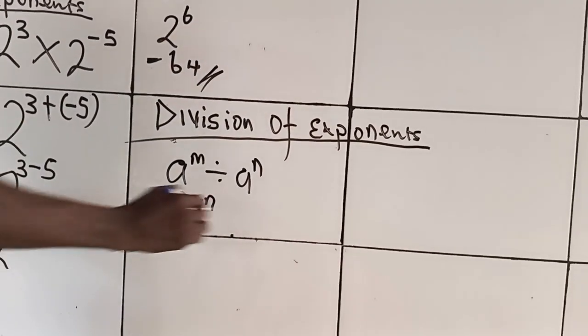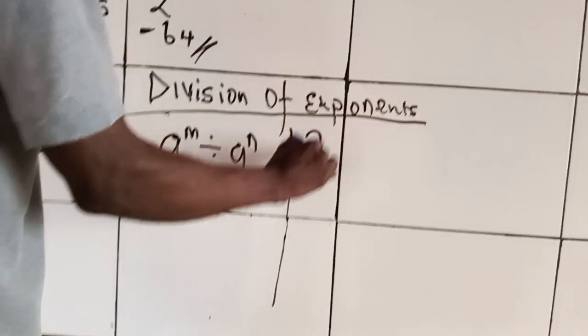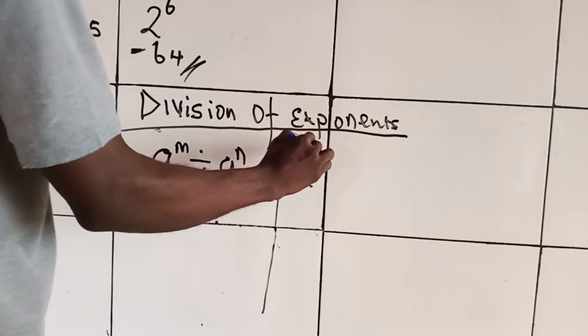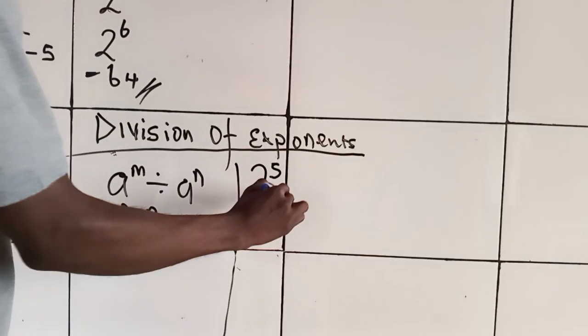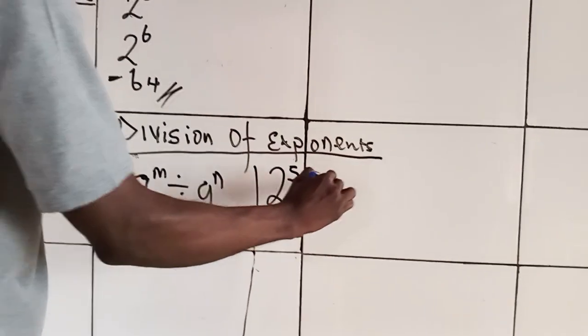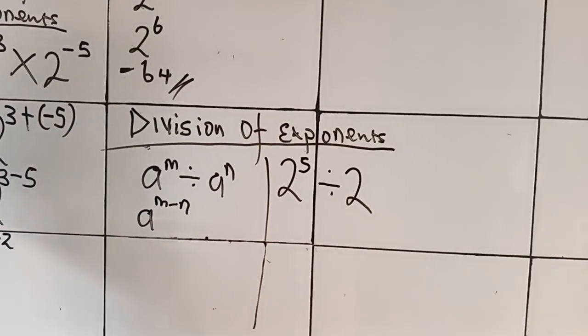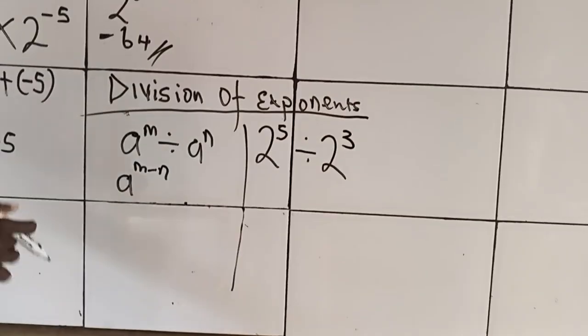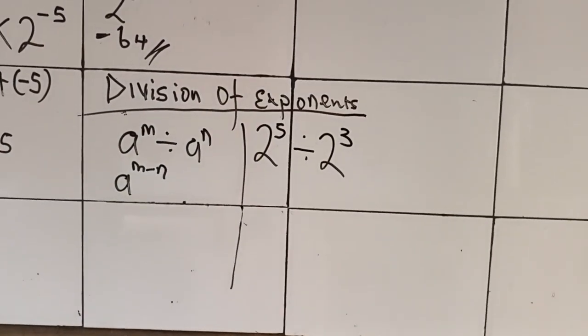Let's say, for instance, you have 2 raised to the power of 5 divided by 2 raised to the power of 3. There are many ways to solve this.